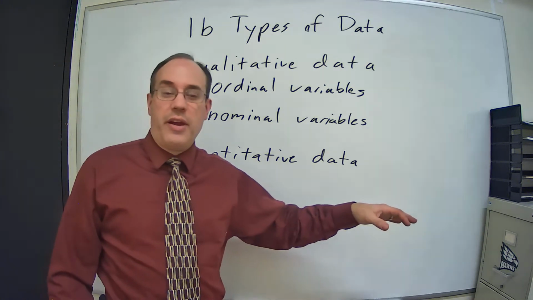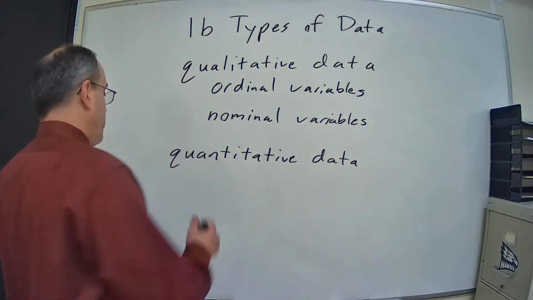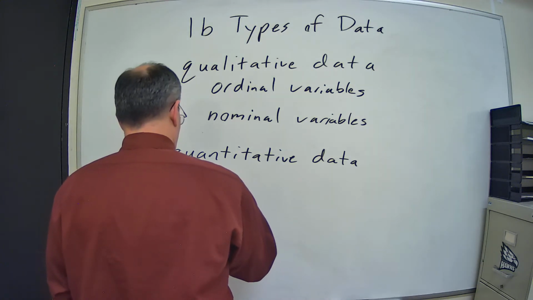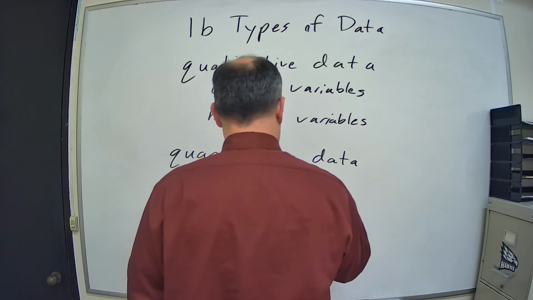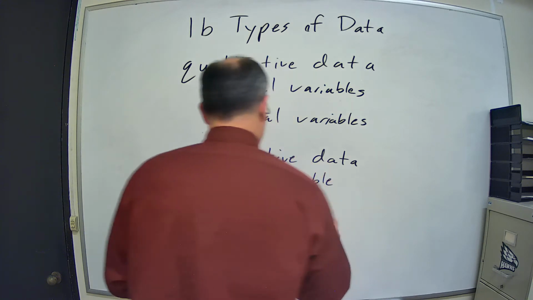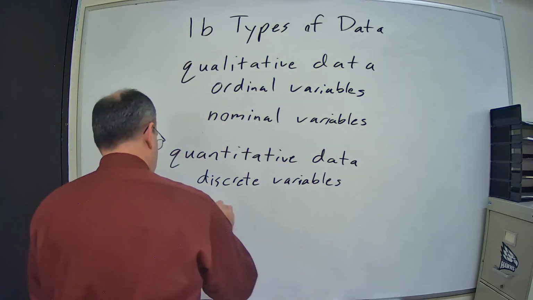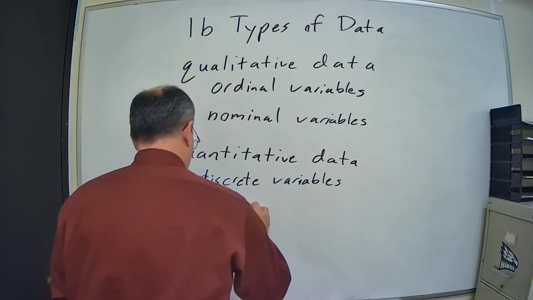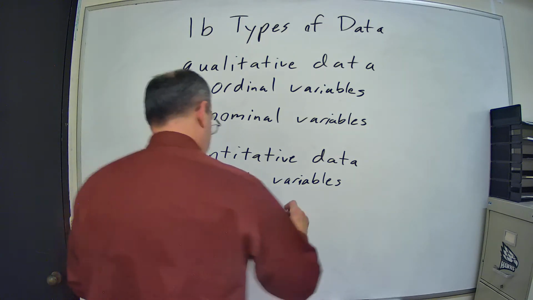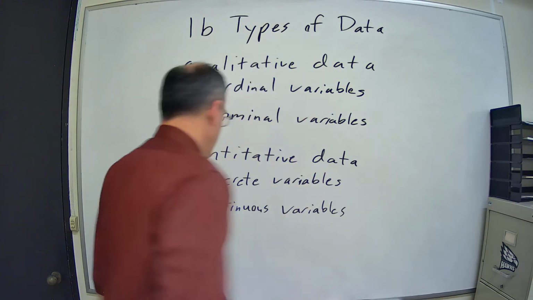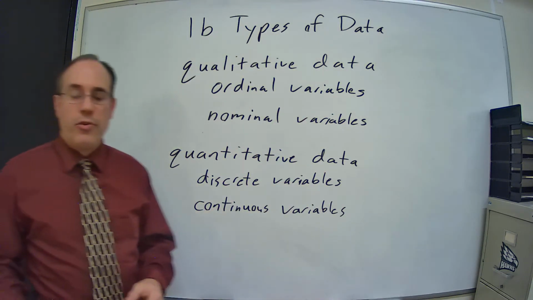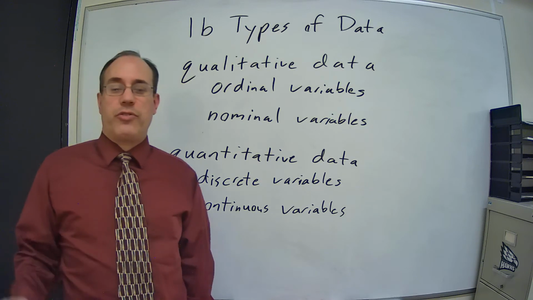Quantitative data, on the other hand, has two types of variables. You have discrete variables, and you have continuous variables. Discrete variables are those that have set points or values.